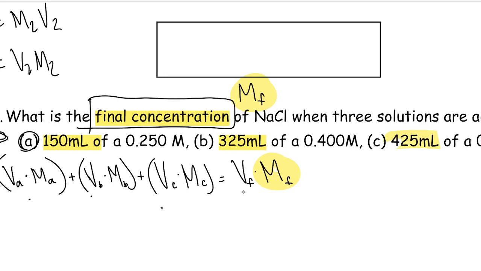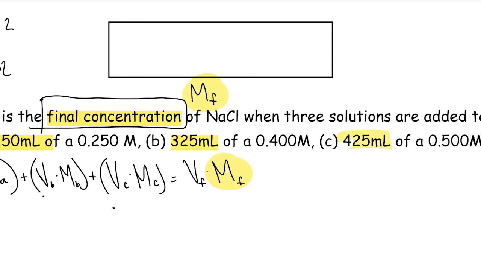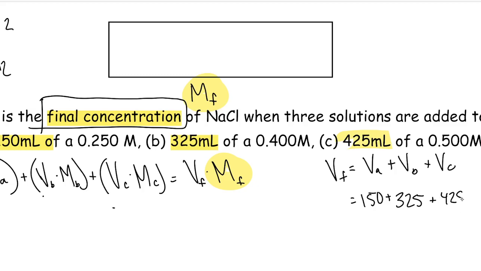So for my volume final, I have that value given to me basically by adding those together. So final volume is going to equal volume of A plus volume of B plus volume of C, which equals 150 plus 325 plus 425.